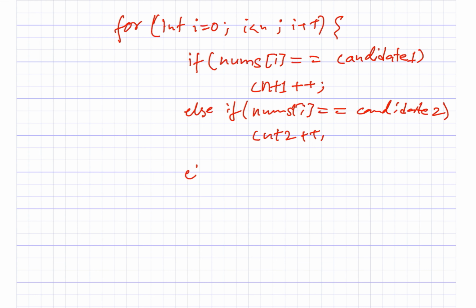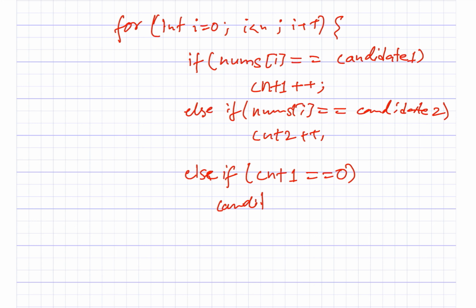Else what can happen? Else, if it is not equal to candidate 1 and not equal to candidate 2, then else if we have count for candidate 1 equal to 0, then what we'll do?